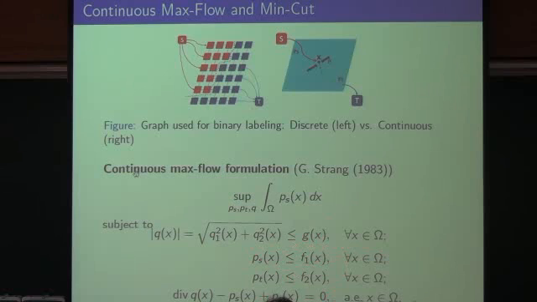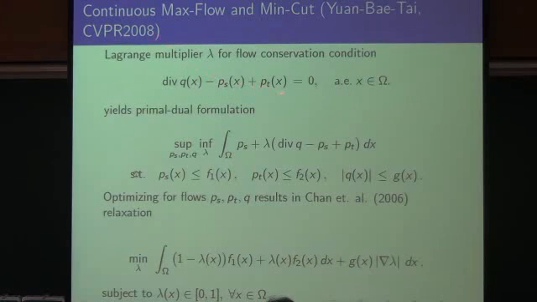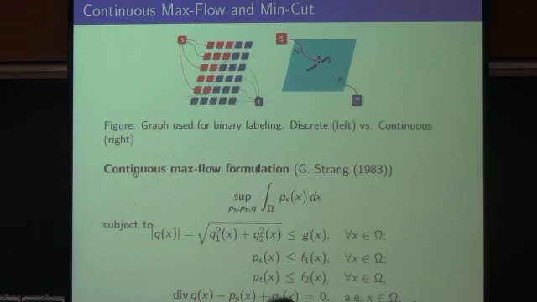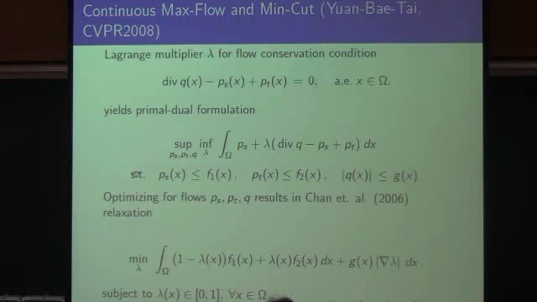So once you do this, we discover something very interesting. Assuming we try to solve this max flow problem, there is an equality constraint. We try to use a Lagrange multiplier to enforce this equality. Here lambda is the Lagrangian multiplier, so you max the flow and minimize over the Lagrangian.